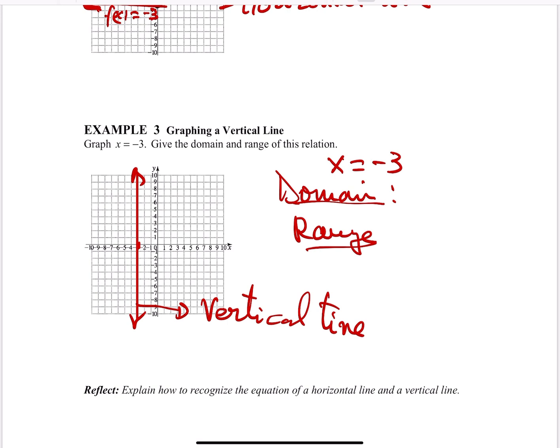If you check the x-axis here, you will see you have only one point, which is negative 3, and then the domain is the set of negative 3. For the range, remember you have to check the y-axis. You have a function going wherever, it won't stop, okay? Then the range is negative infinity to infinity. Okay, that's it.